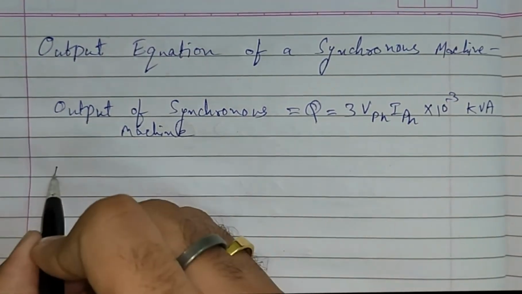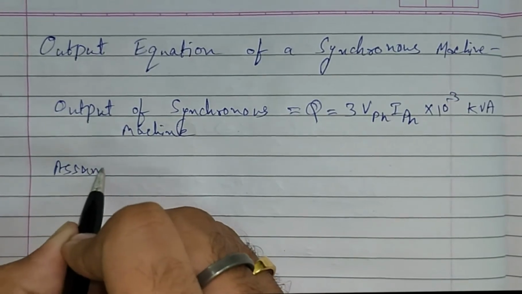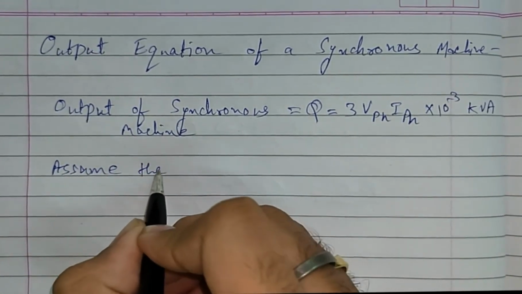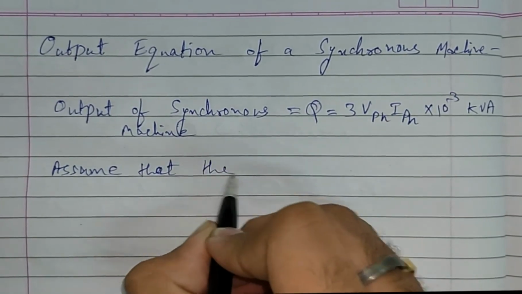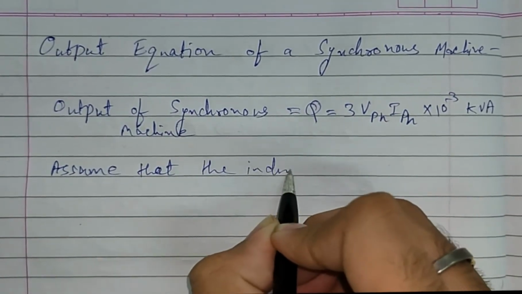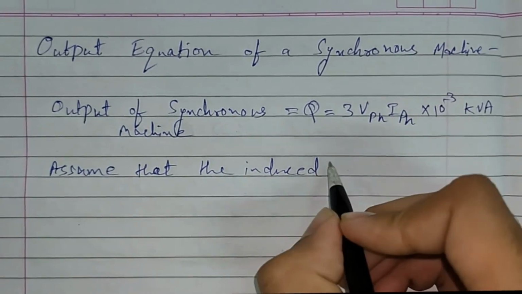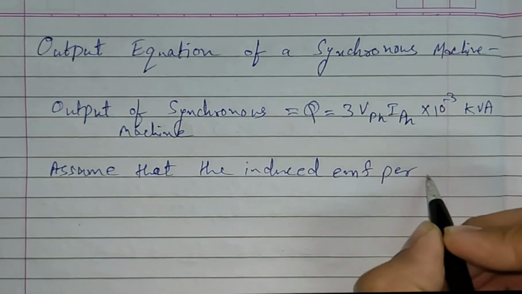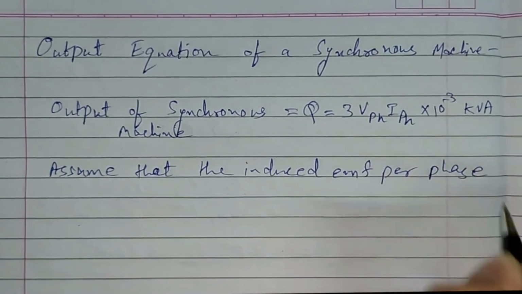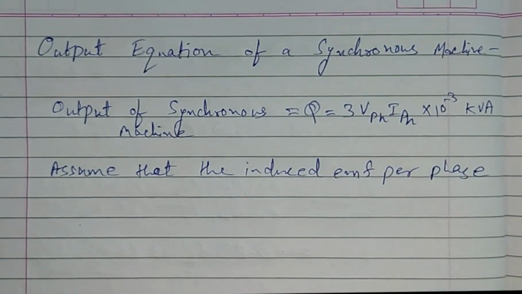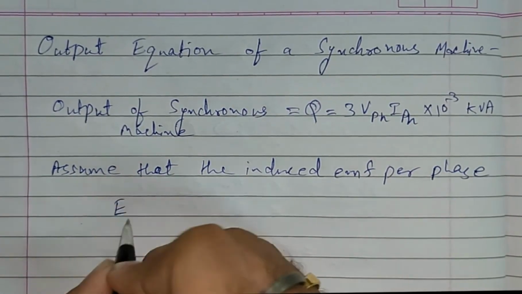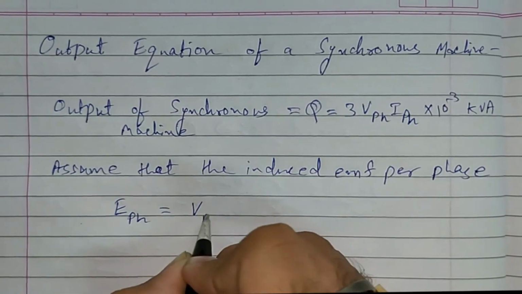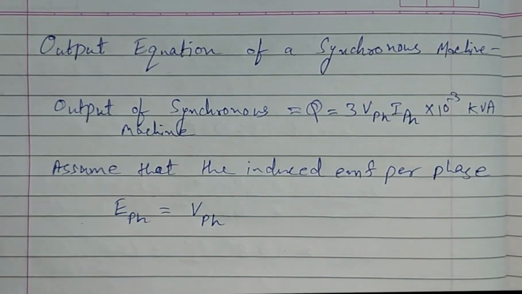Now let us assume that the induced EMF per phase, which is given by EPH, is equal to VPH, that is the terminal voltage.